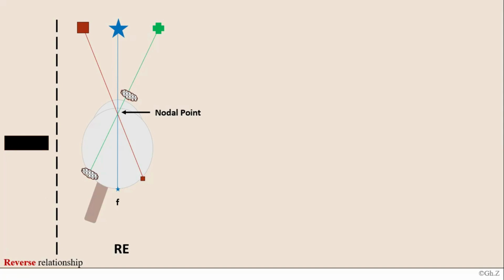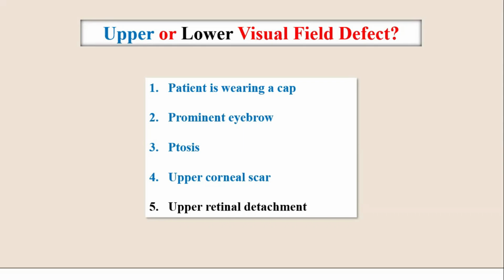If you remember, you have to know this: a patient with severe ptosis can have an upper visual field defect. Sometimes we need to tape the upper eyelid with plaster in order to do the test. This is an important step before ordering the visual field, or during perimetry, for example. A patient who's wearing a cap should remove the cap before doing the confrontation test.